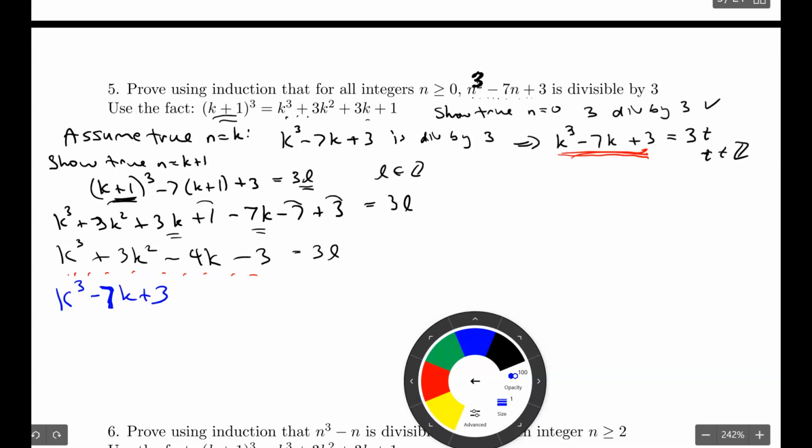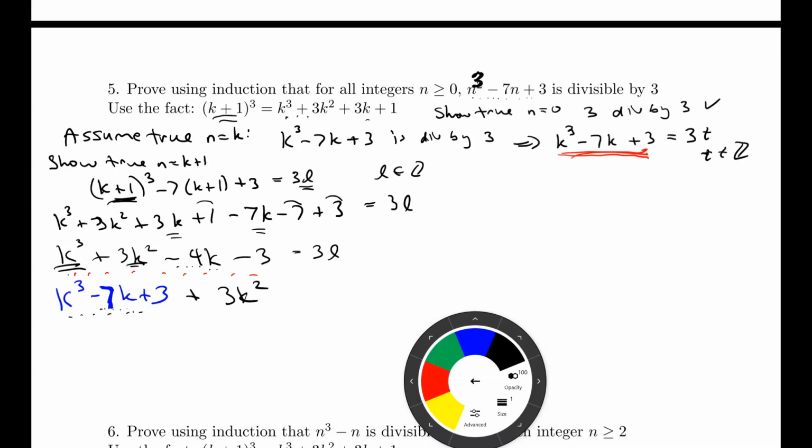If I gathered, not factored, but gathered those terms, what would I have left? I'd have the k cubed taken care of. And that 3k squared is not in here, so I'd have to bring this along, 3k squared. Okay, so it was a minus 4k. I wanted a minus 7k.